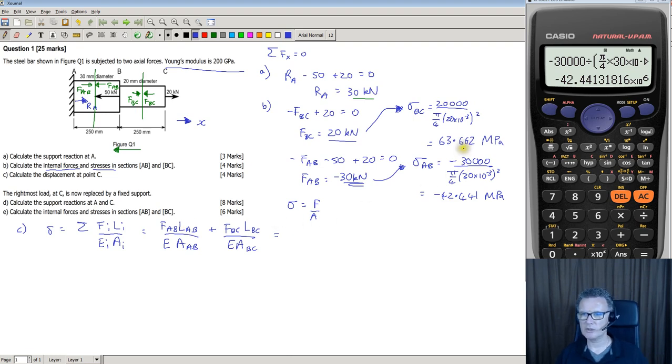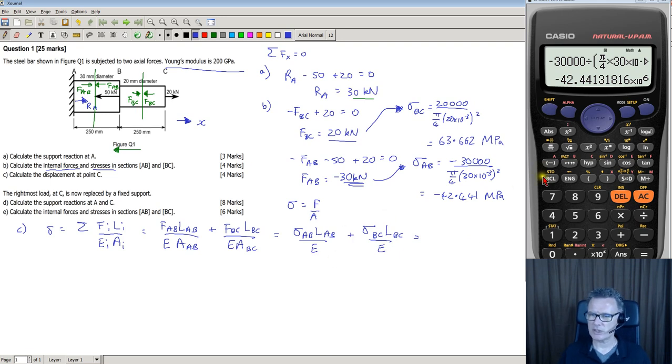Actually, if we notice a trick here, F over A is stress. So we could rewrite this as stress AB times length AB divided by E, plus stress BC times LBC divided by E. So probably going to need a new page, but might be able to fit this all in one line.